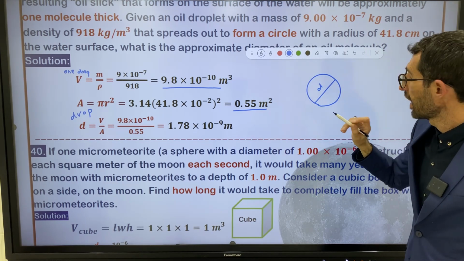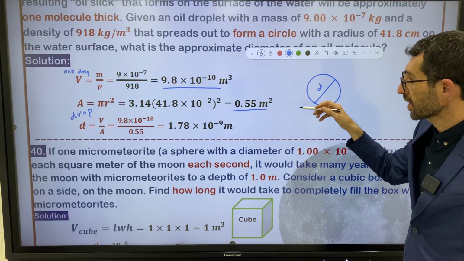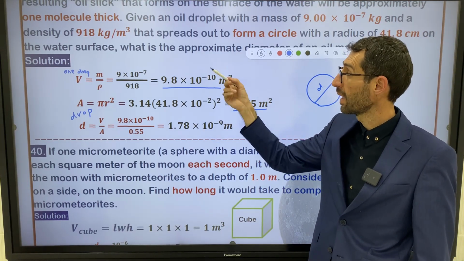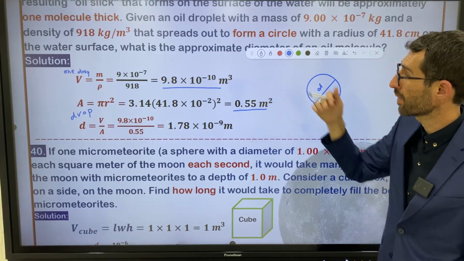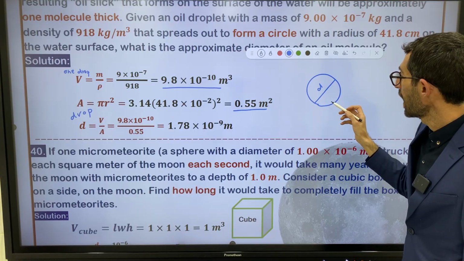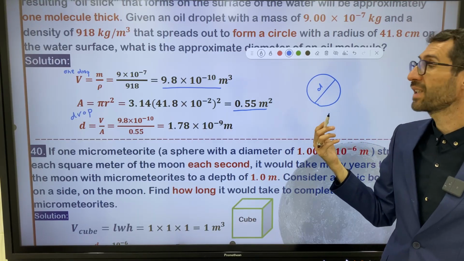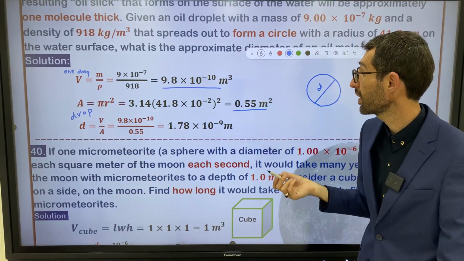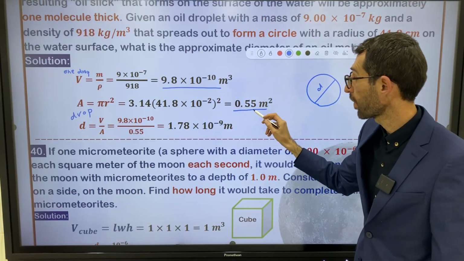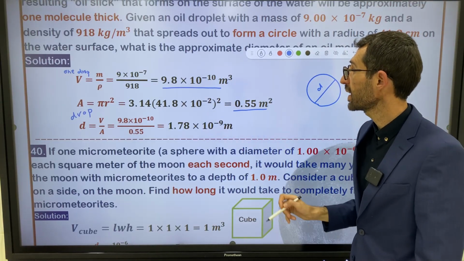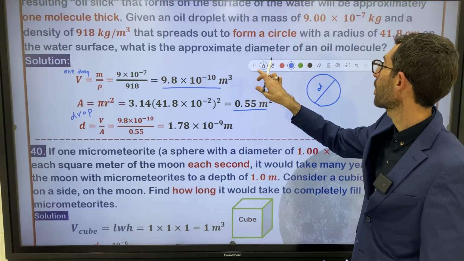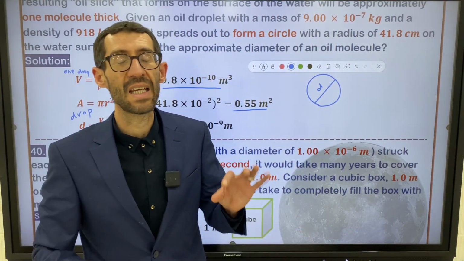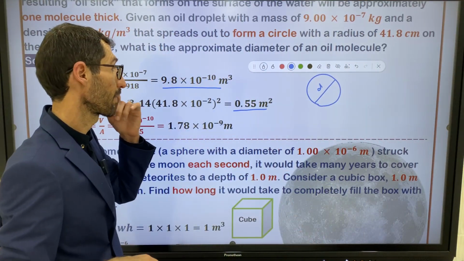And the volume, we found already by dividing mass over rho. Right now we have to divide the volume of one droplet by the surface area of one droplet. This number divided by 0.55, you can find the diameter of an oil molecule. Diameter, or I can say thickness of the oil molecule, right?